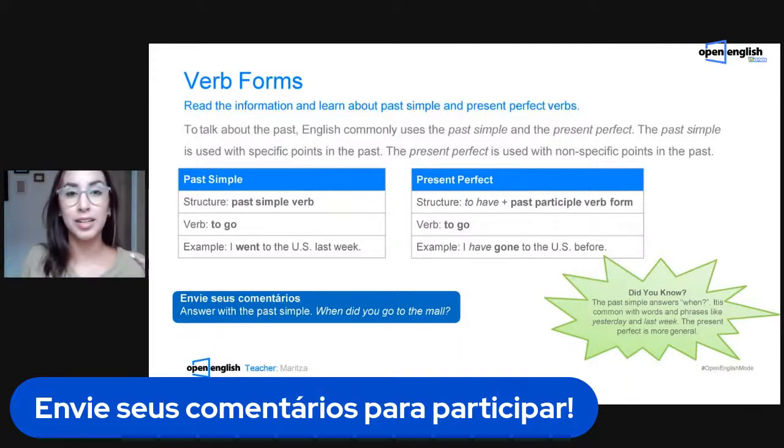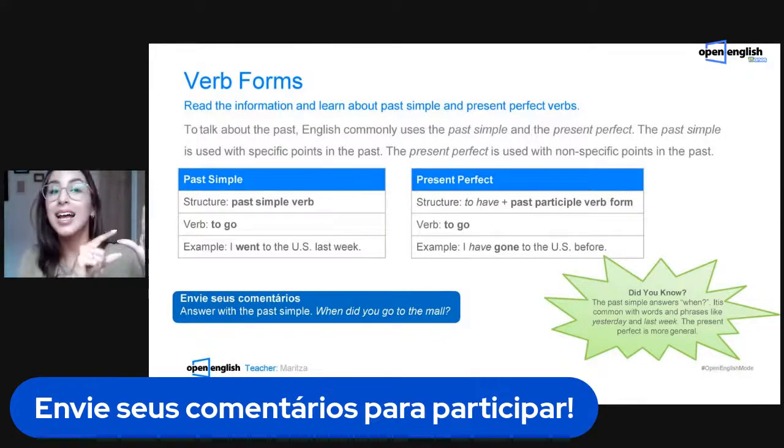So what is the difference between past simple and present perfect? In past simple, we are talking about specific points in the past, exact moments in the past. The present perfect, so I have gone, we usually use when we're talking about the past, but not necessarily an exact moment.